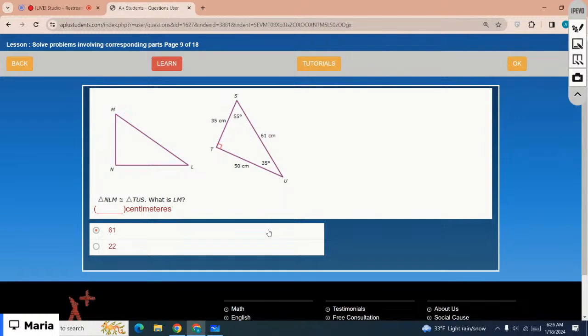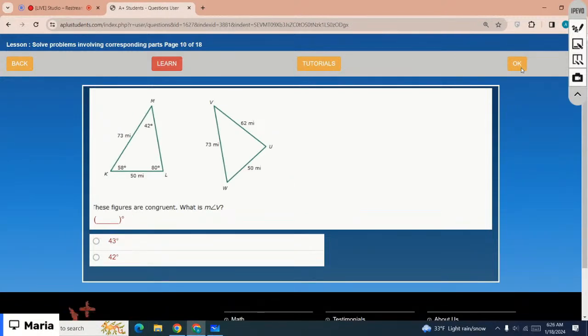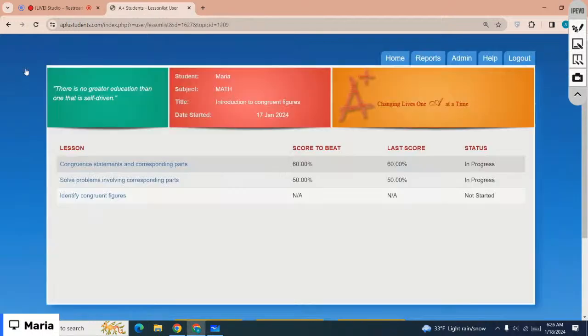That is 61 centimeters, right? Okay, you can complete the lesson by yourself later today. Let me just move on to the next lesson.